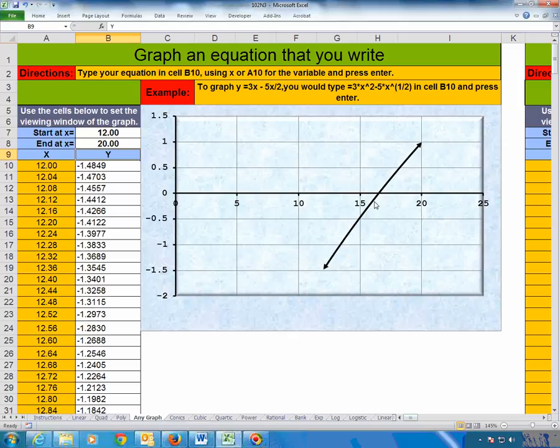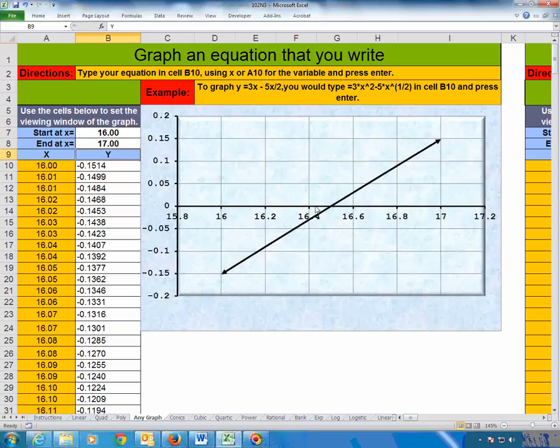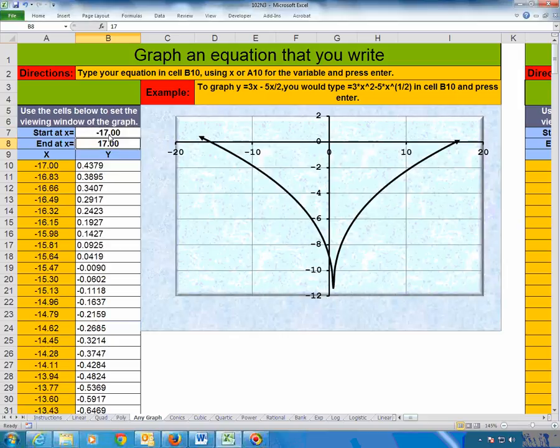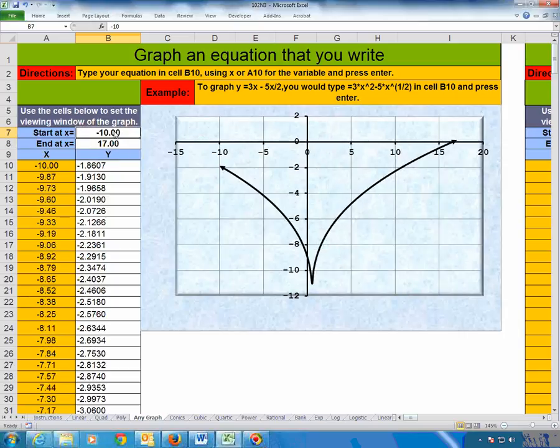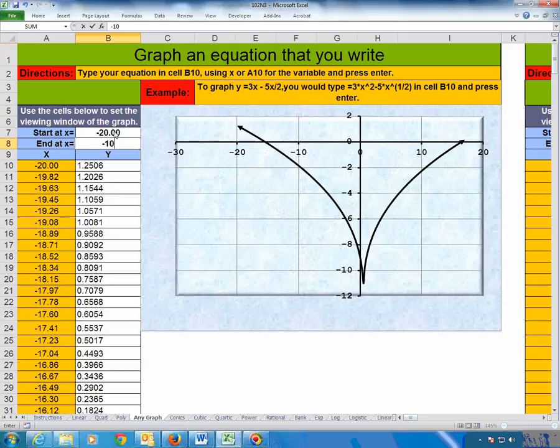Let's take a look at this thing maybe from 12 out to 20 or so. Well, there you can see that the one x-intercept is out here about 16 point something. So we can narrow in. Let's look at it from 16 to 17. And so it's going to be about 16.5. And the other one was over here somewhere, between negative 20 and negative 10.